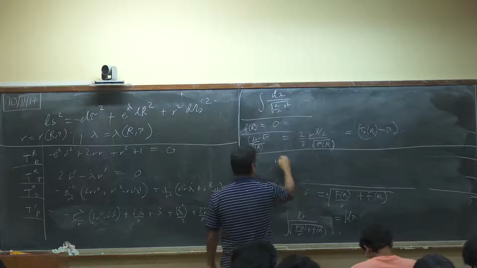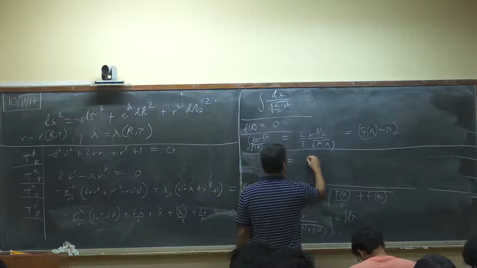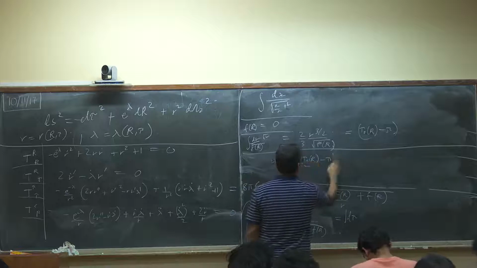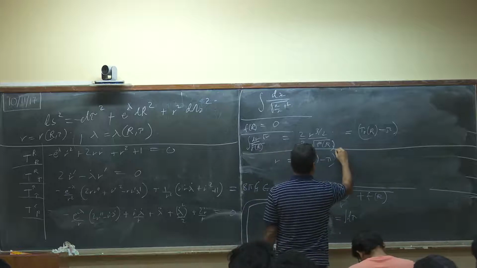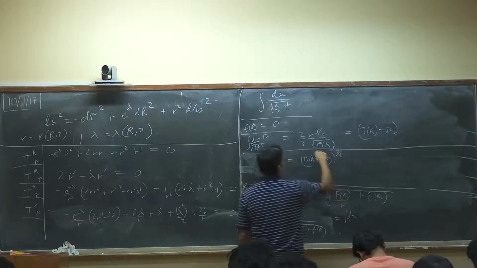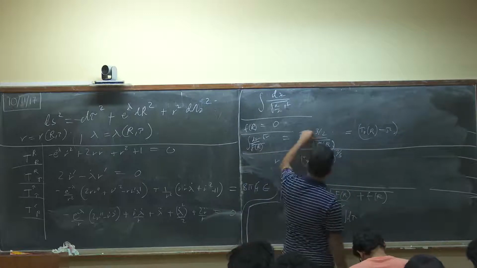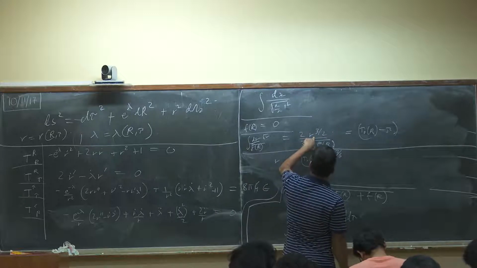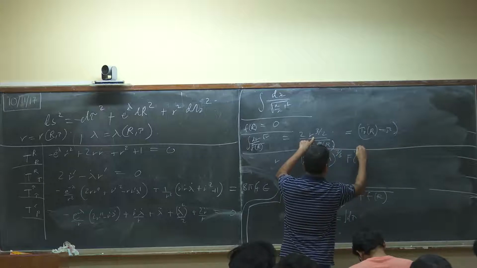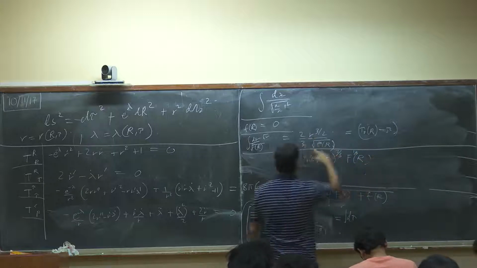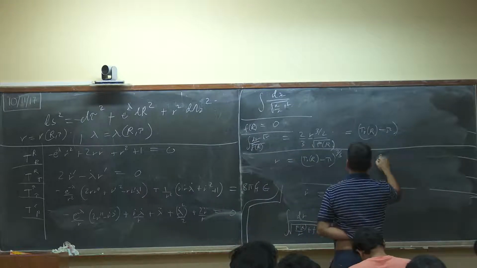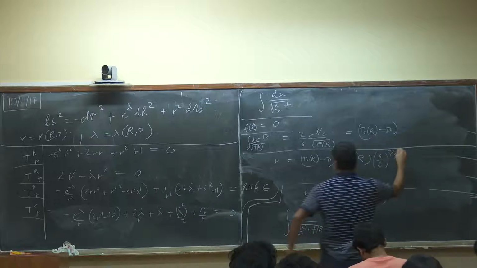So we will get r is equal to tau naught of r minus tau to the power 2 by 3, correct? Now I take this to the power 2 by 3, so that's f to the power 1 by 3 of r, and then we've got an unpleasant number, 3 by 2 to the power 2 by 3.